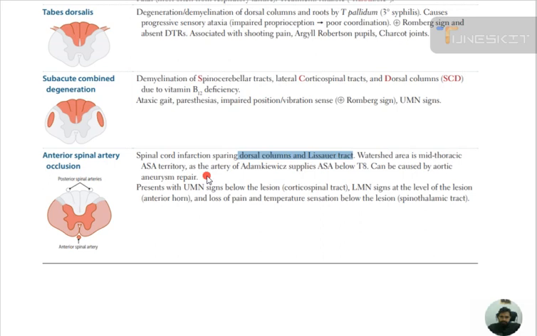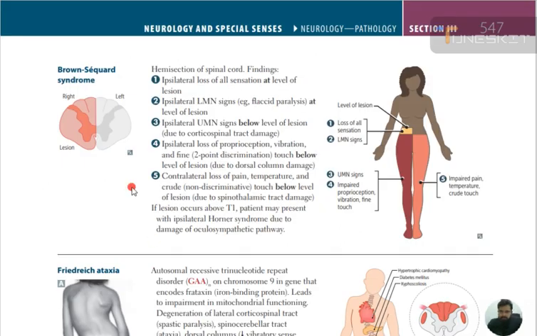So the watershed area is the mid-thoracic anterior spinal artery territory, as the artery of Adamkiewicz supplies the anterior spinal artery below T8.